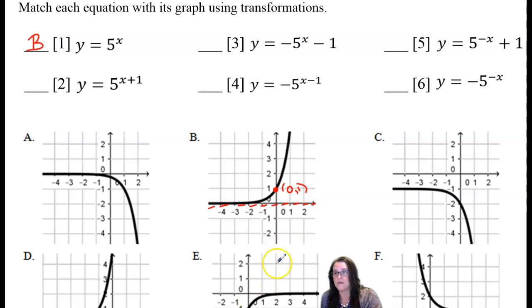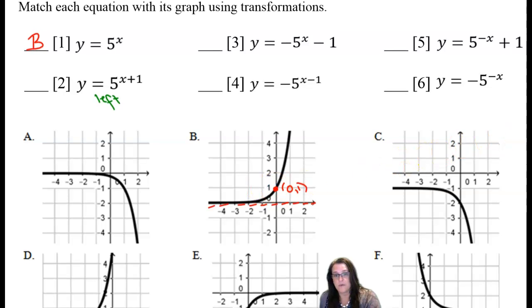Okay, then looking at number 2, we have y equals 5 raised to the quantity x plus 1. That is going to shift to the left 1 unit. So the asymptote has not changed, but instead of the function passing through (0, 1), if I shift everything to the left, it's going to pass through (-1, 1).